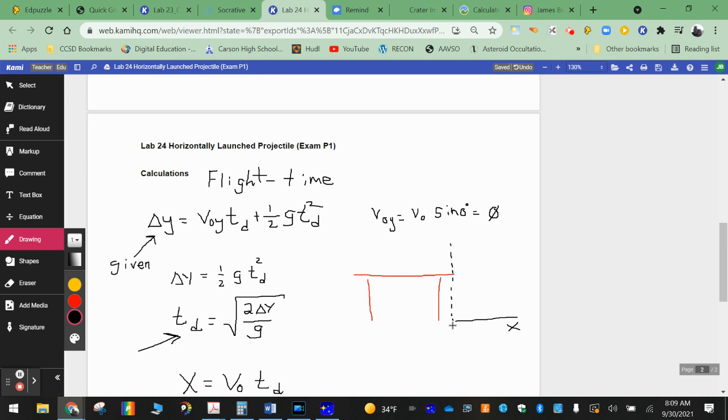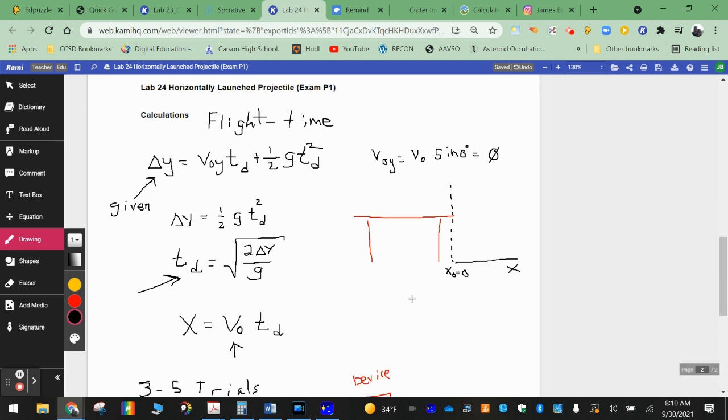So make sure I align it, so that X0 is truly 0 right here. When I measure my X, I'm lined up exactly with the edge of the table, because if you're off by a centimeter, it's going to land differently. So you want to make sure we do that.